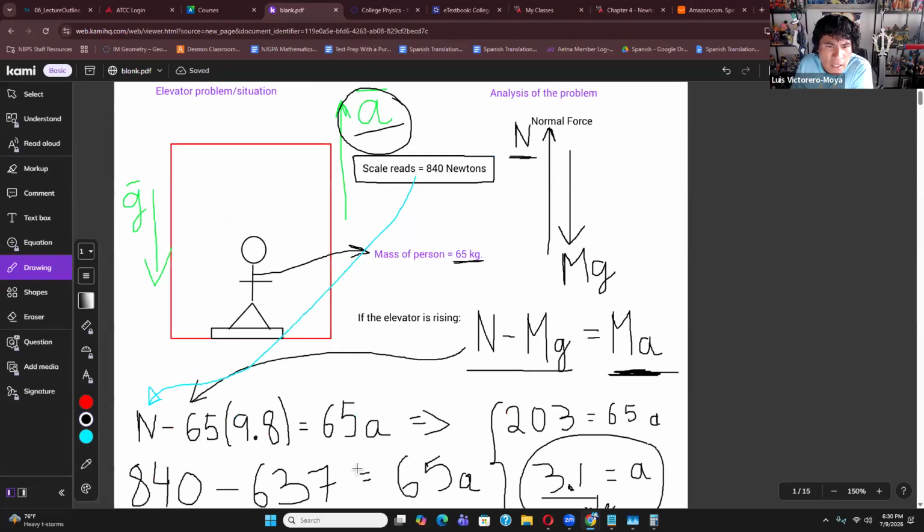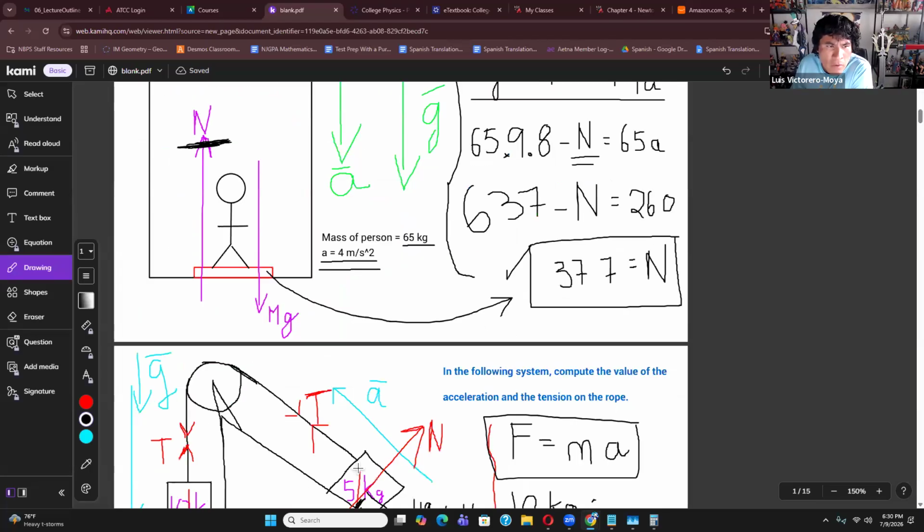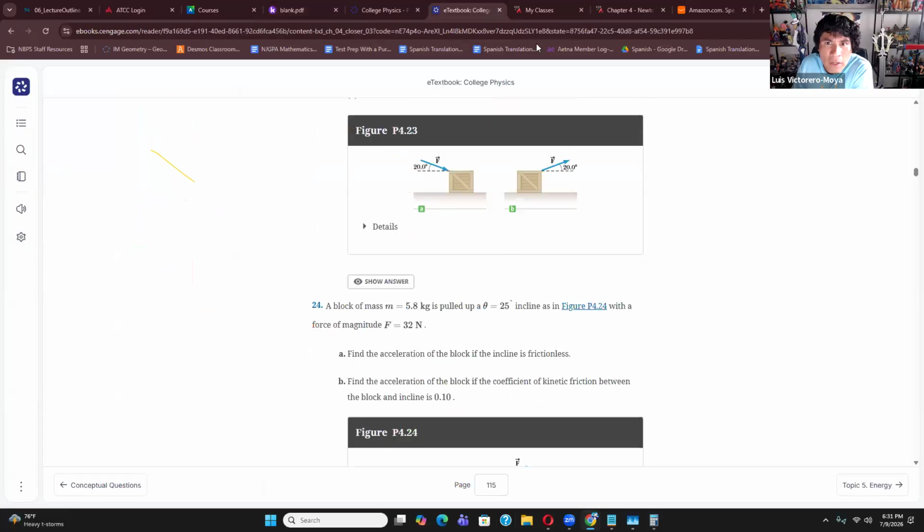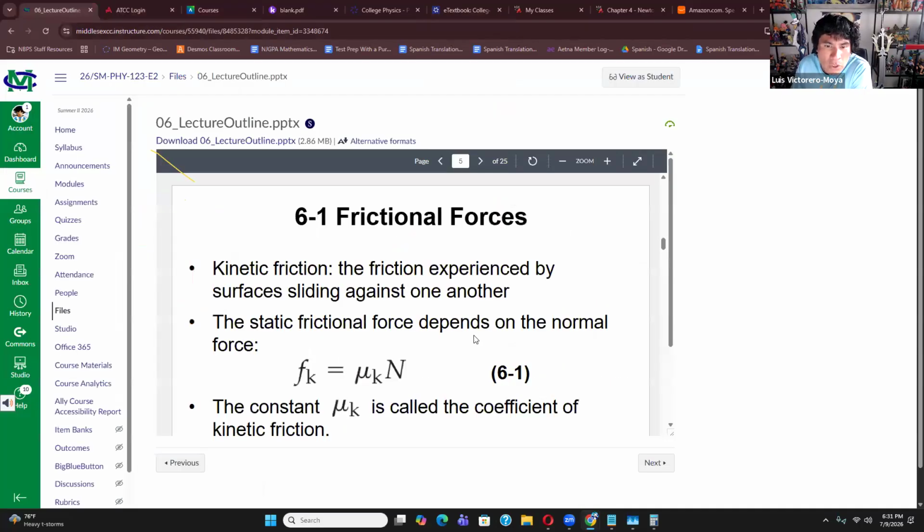I think now this is more clear. The concept of free body diagram, forces, acceleration. All right, now we are going to finish the chapter by expanding. So we're going to continue doing examples like this, right? There's some examples here. But now we are going to add friction. All right. So it's not much to add.